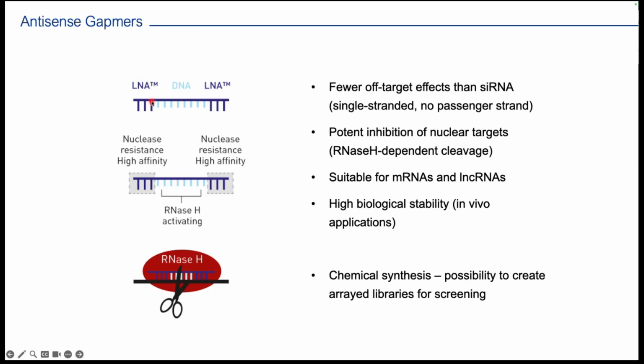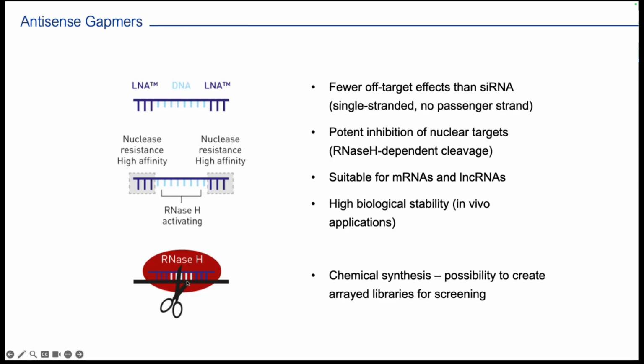But because they have this DNA portion here in the middle, when they bind to an RNA, they create this RNA-DNA heteroduplex. And this heteroduplex is recognized by the enzyme RNase H that we have in our cells. So it's a mechanism of artificial RNA degradation triggered by this enzyme.